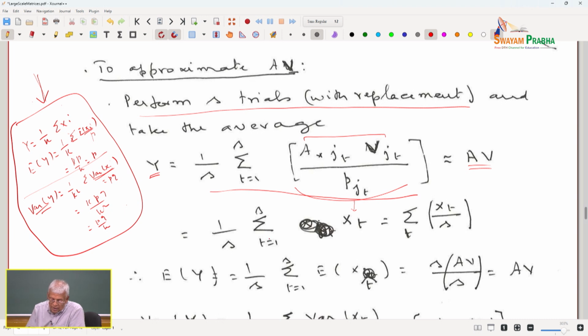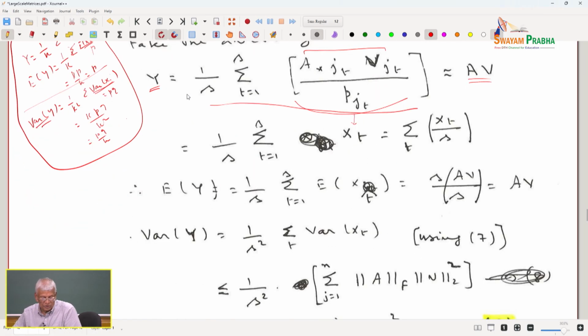So, y is 1 over S, summation t equal to 1 to S of x_t. The expected value of y is 1 over S times this. The expectation of each of these is constant, so S times Av divided by S gives Av, which means y, the average, is an unbiased estimate of the matrix vector product.